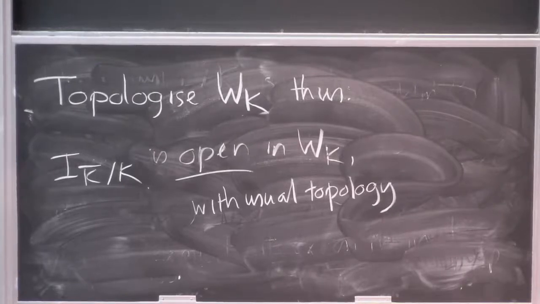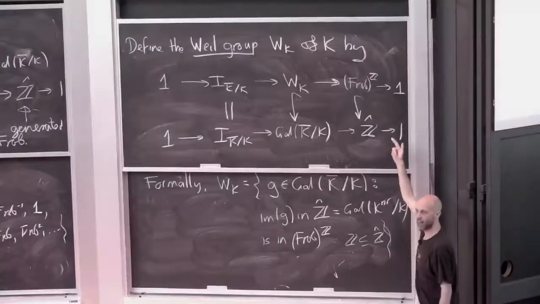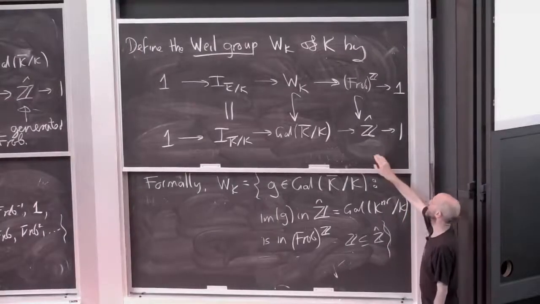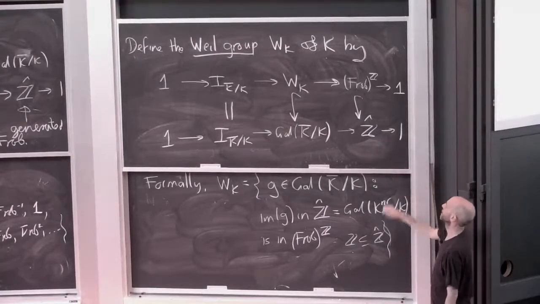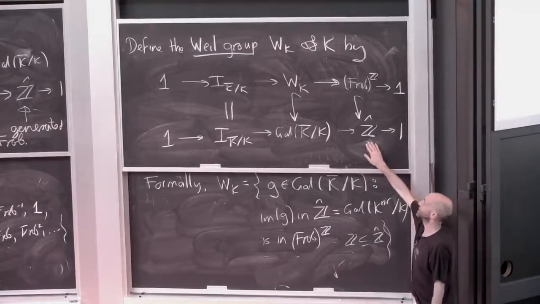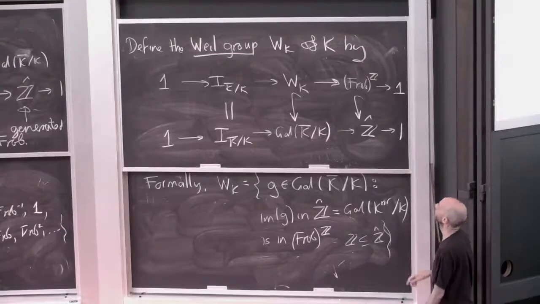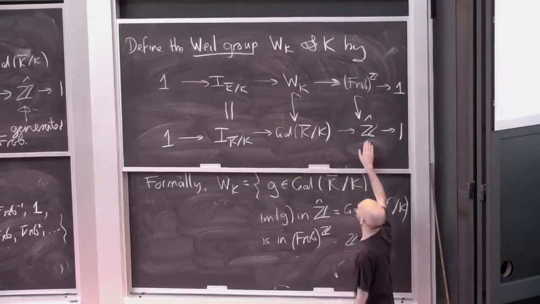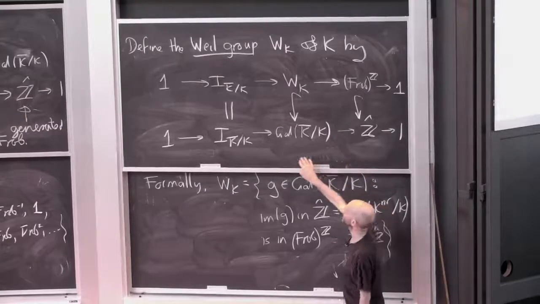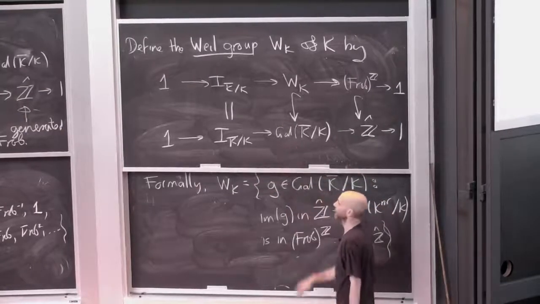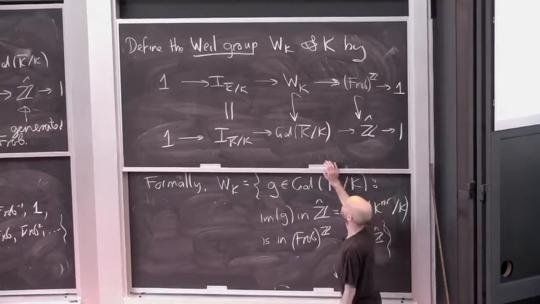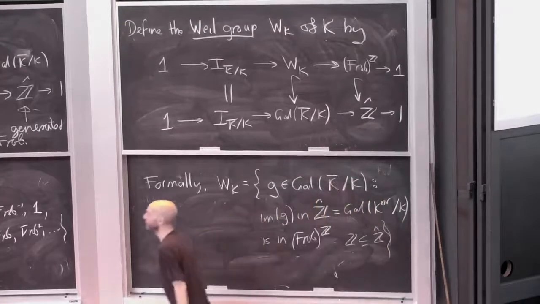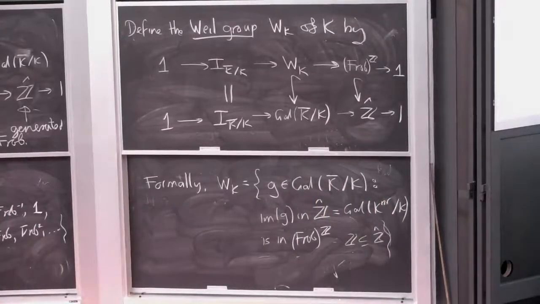In fact, it is a closed subgroup. Z hat looks a bit like the p-adic numbers. Z_p is not a discrete group. The identity, 0 in Z_p, is a closed subgroup, but it's certainly not open. So the kernel of this map is the preimage of the identity here, so it's the preimage of a closed set, so it's closed. The inertia subgroup is closed in Gal(K bar over K), but it's not open in general. So I'm going to make the inertia subgroup open in W_K with the usual topology.